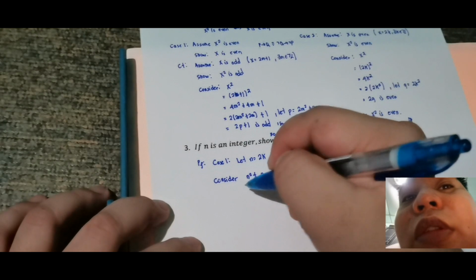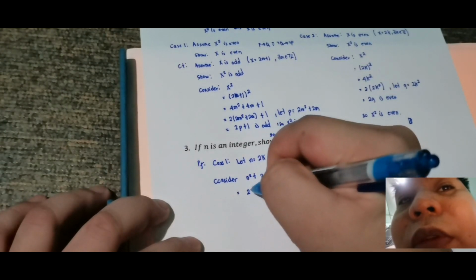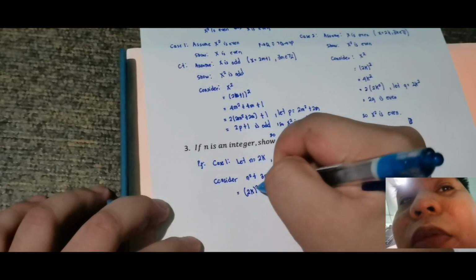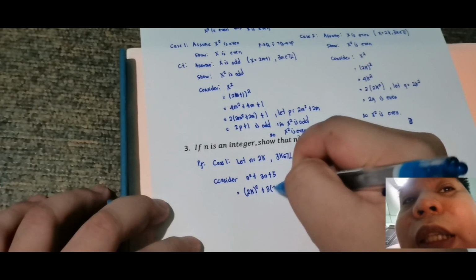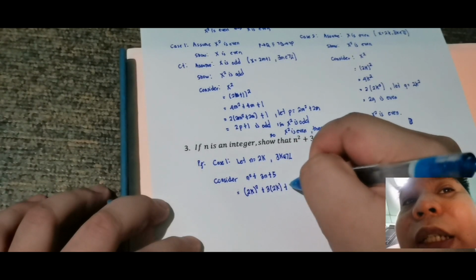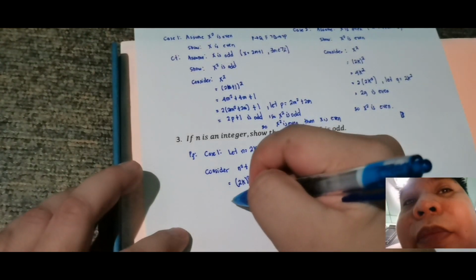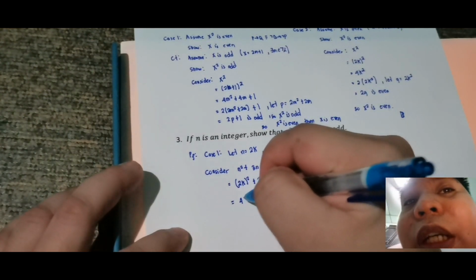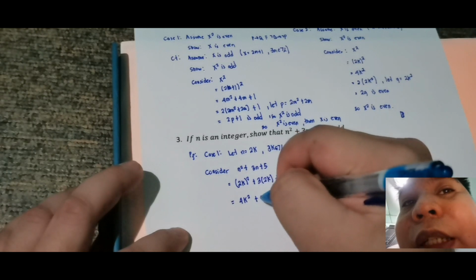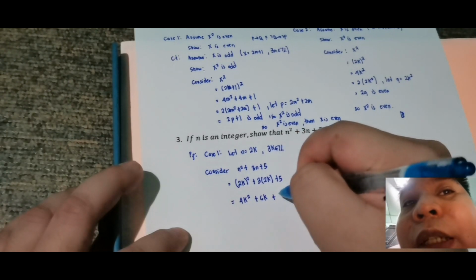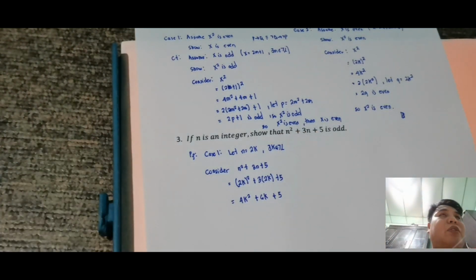So this is equal to 2k raised to 2 plus 3 times 2k plus 5. Then simplify further. This is equal to 4k squared plus 6k plus 5. Obviously, the constant at the end is where we split, because our goal is to have a 1.